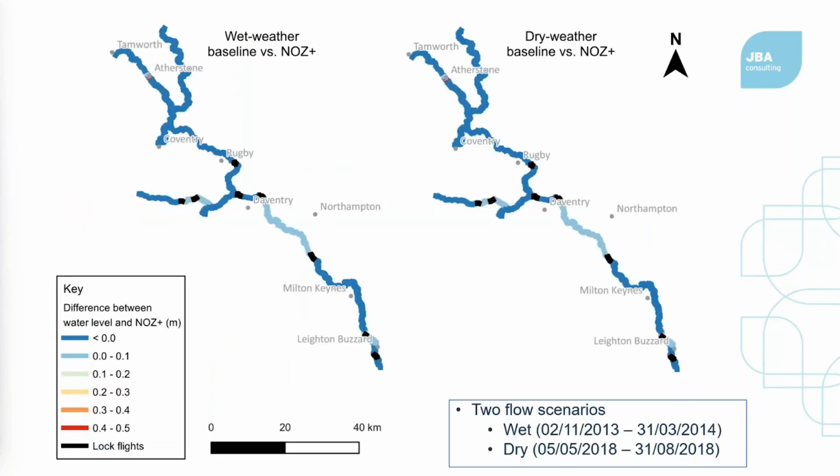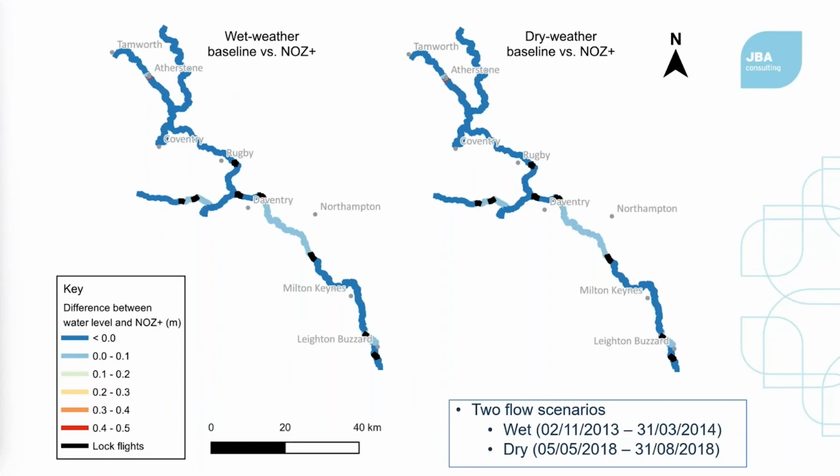And this is what we found. So this is two separate flow scenarios from two very different periods of time, a very wet and a very dry period. We derived inflows to the canal network from these periods of time, and then we compared the modelled water levels to the normal operating zone. And initially there were some differences, and that prompted us to look again at some of the model schematization.